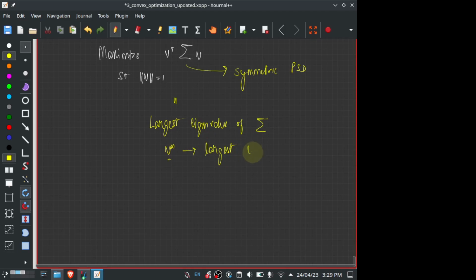I'll call this the largest eigenvector. So the problem of finding the first principal component is basically one of finding the largest eigenvector of a positive semi-definite matrix.